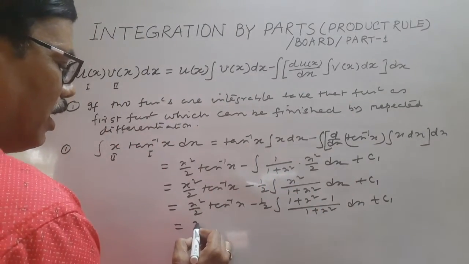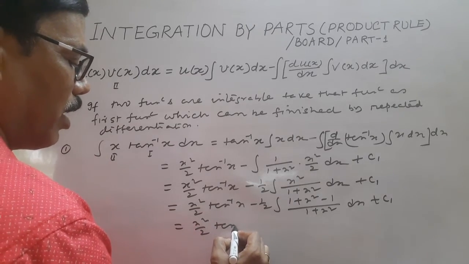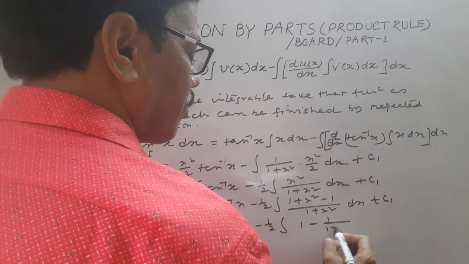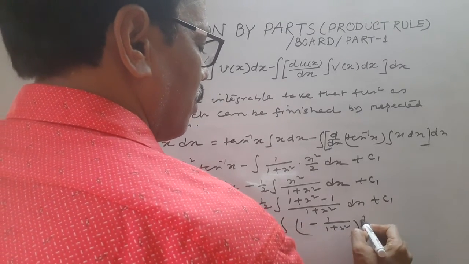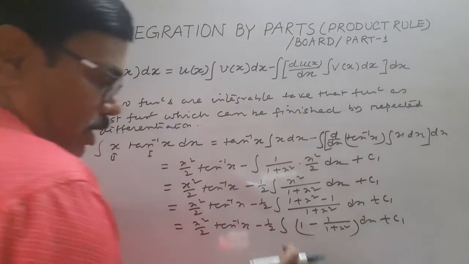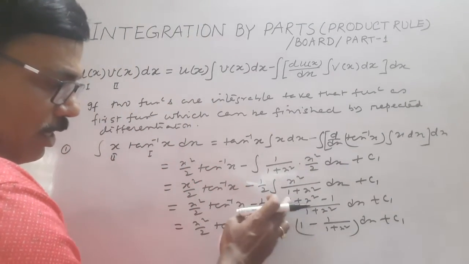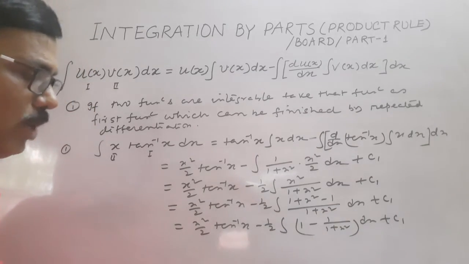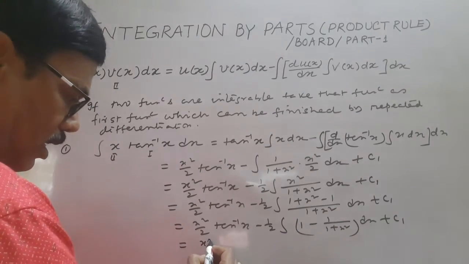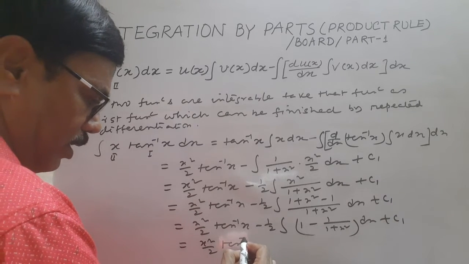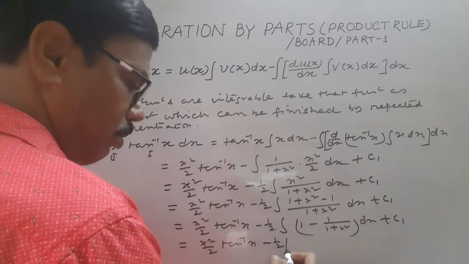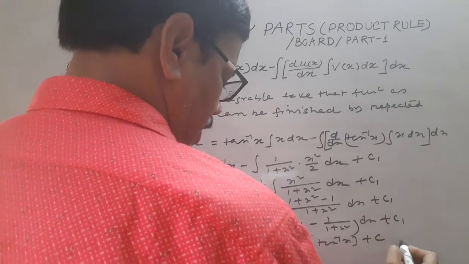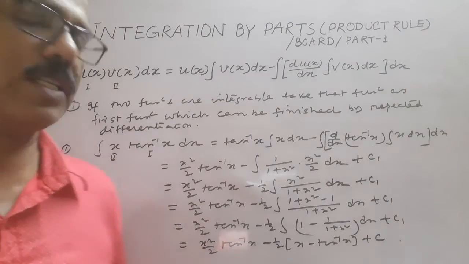And finally, x square by 2 tan inverse x minus half outside, this is 1 minus. If we look, by the division method the quotient is 1 and the remainder is minus 1. So finally, x square by 2 tan inverse x minus half (x minus tan inverse x) plus c.